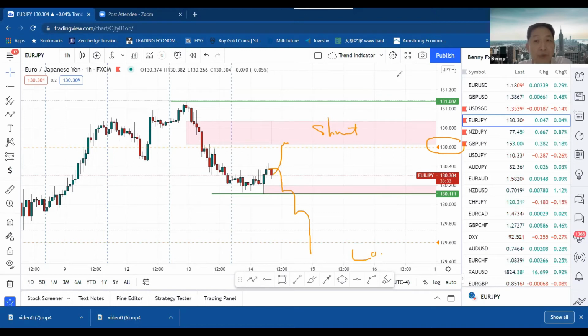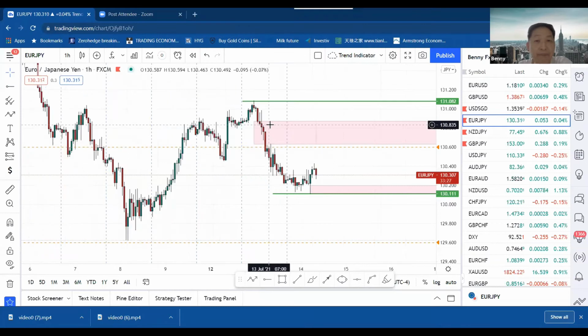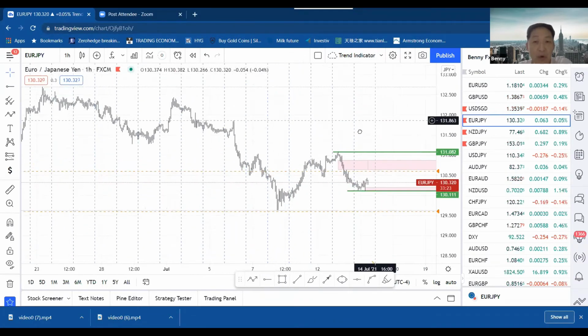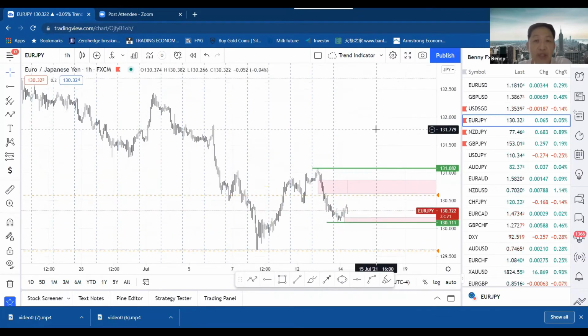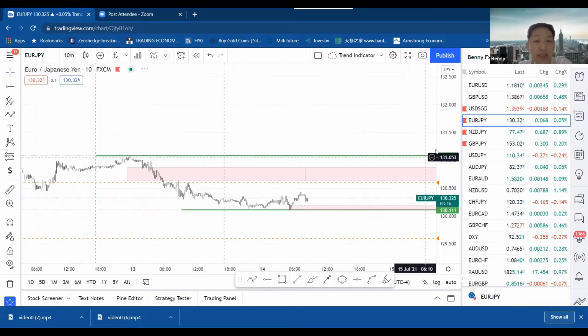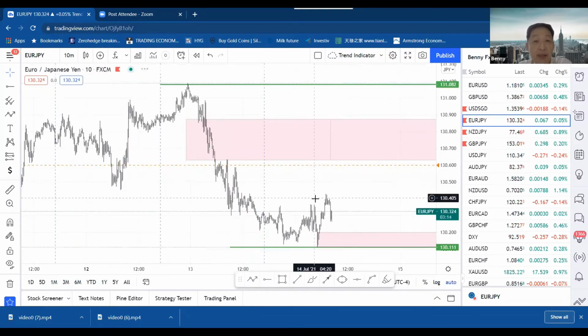Okay, so that is my plan for the euro yen. My overall bias is up because it is risk on, right? But in a very, very short time frame, I can look for a short opportunity. You can see here, like that.